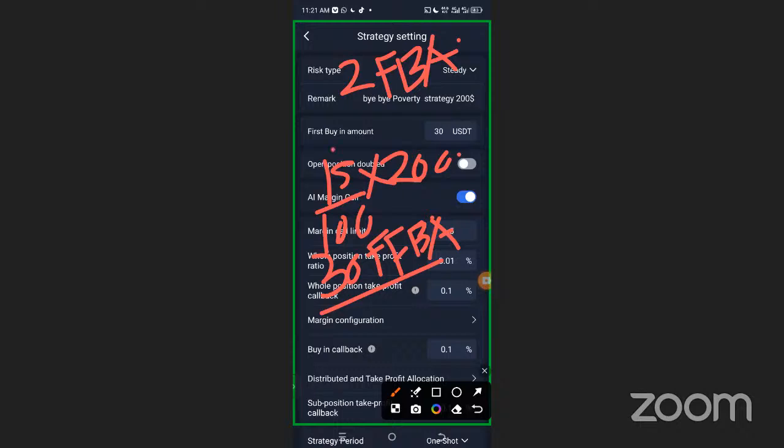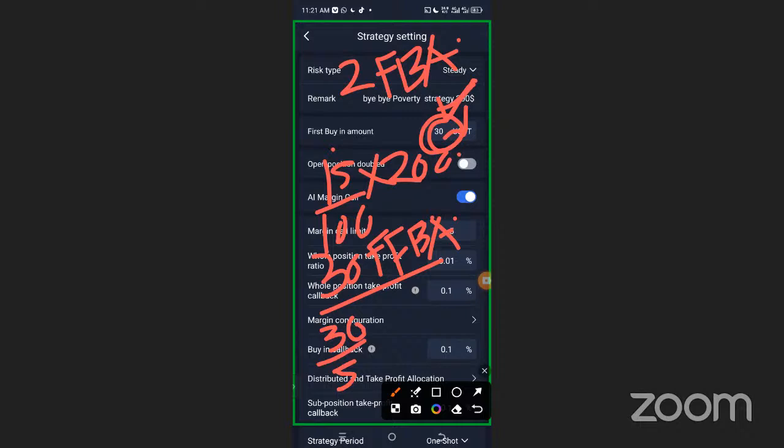So here we have put 30, but after the robot buying this coin, you need to change from 30 and you put $60. Where do we get $60? It is going to be 30, which is our initial first buy-in amount, divide it by 5.